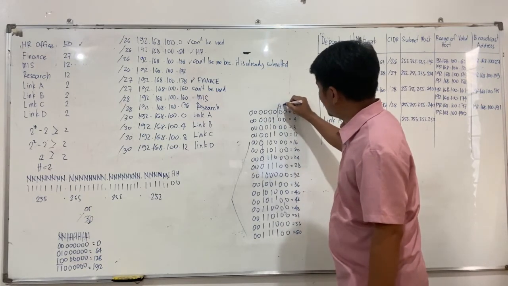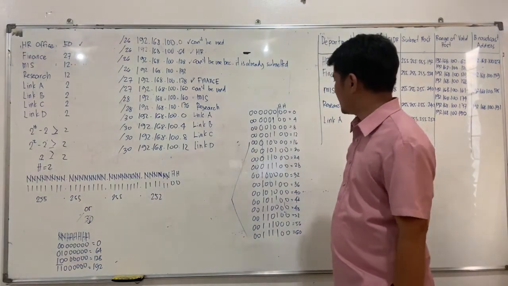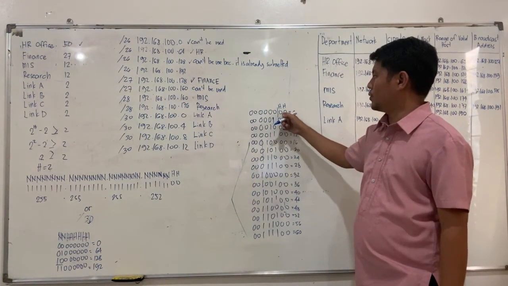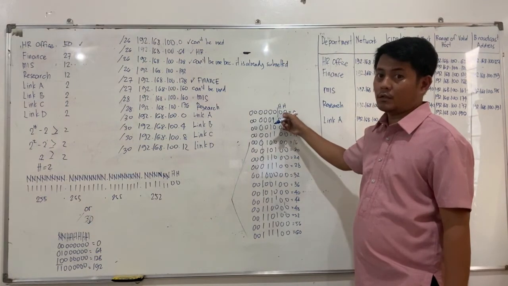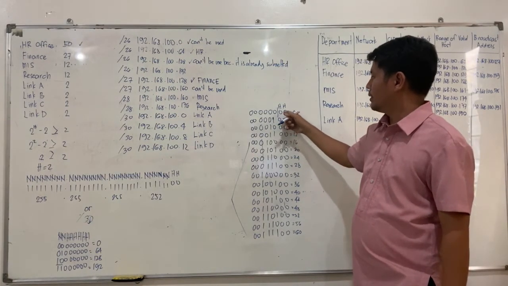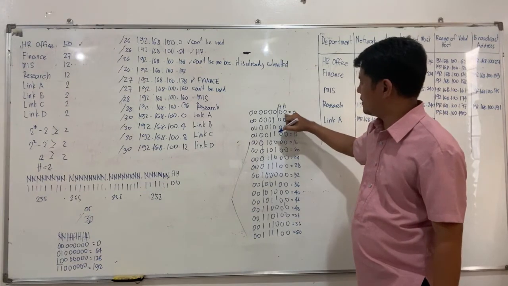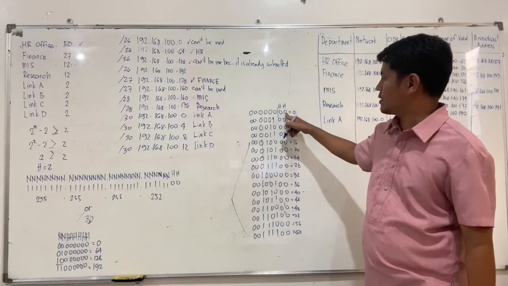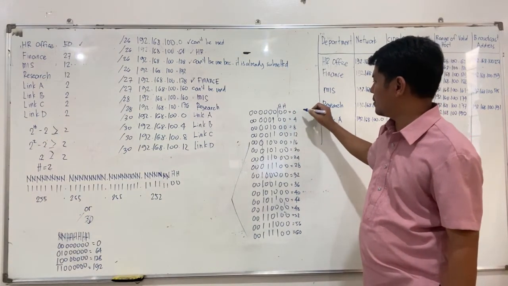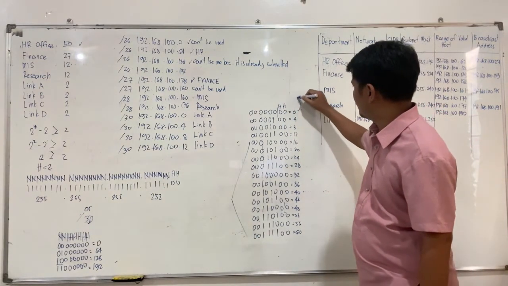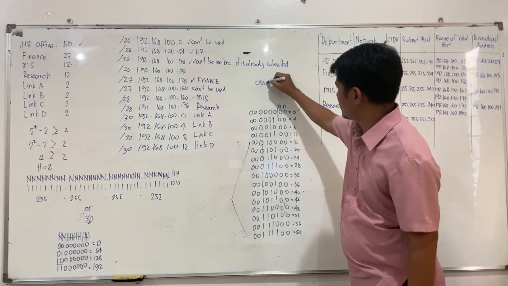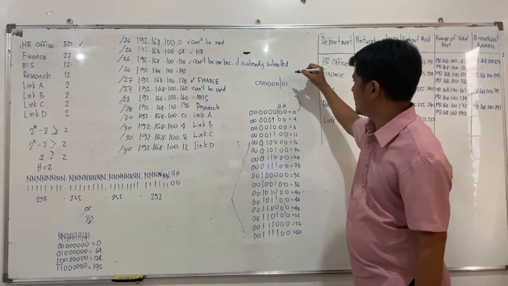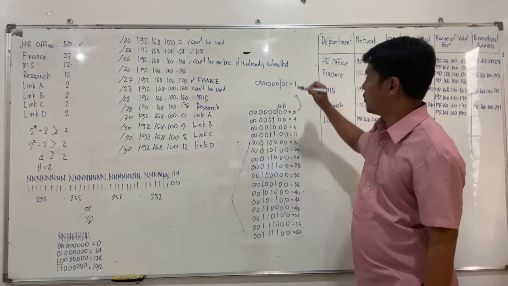We have only 2 hosts. So if these 2 host bits are all zeros, this is our network number. So we assign the first host to be 1. That becomes now 00000001.